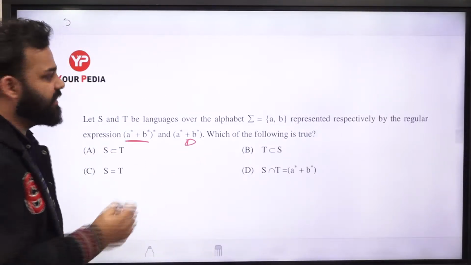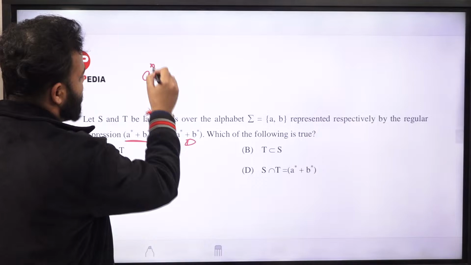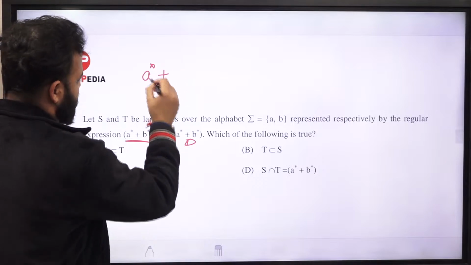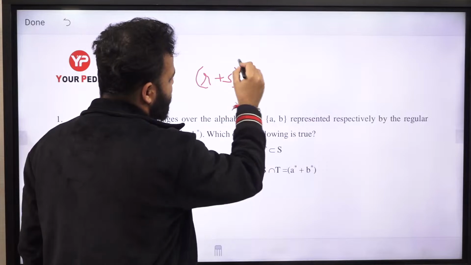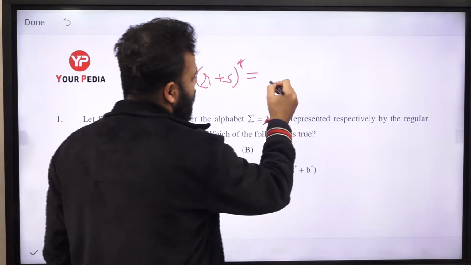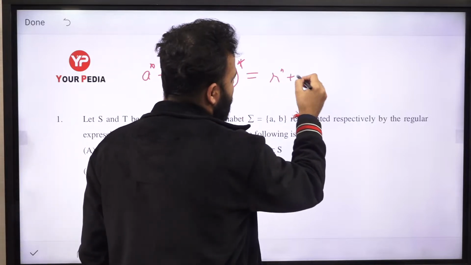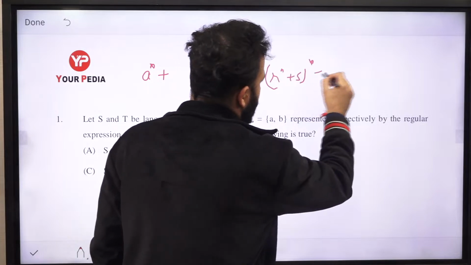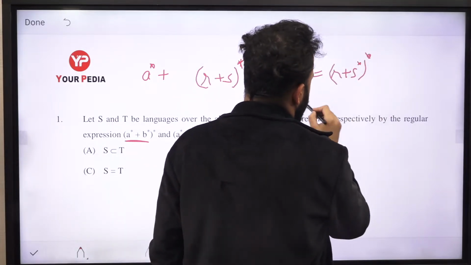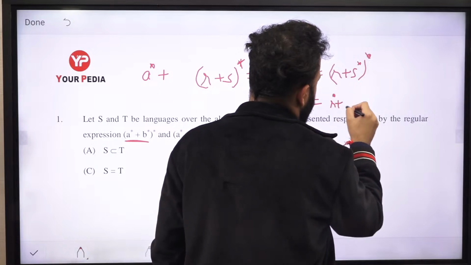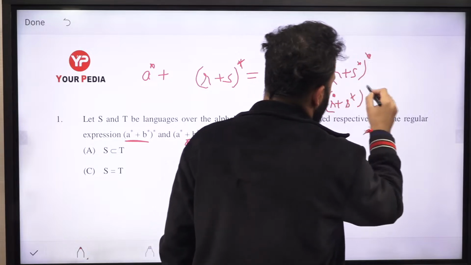(A star plus B star) whole star. Now, from the property, let me write down the property first. (R plus S) star is always equal to (R star plus S) star, which is equal to (R plus S star) star, which is equal to (R star plus S star) star.